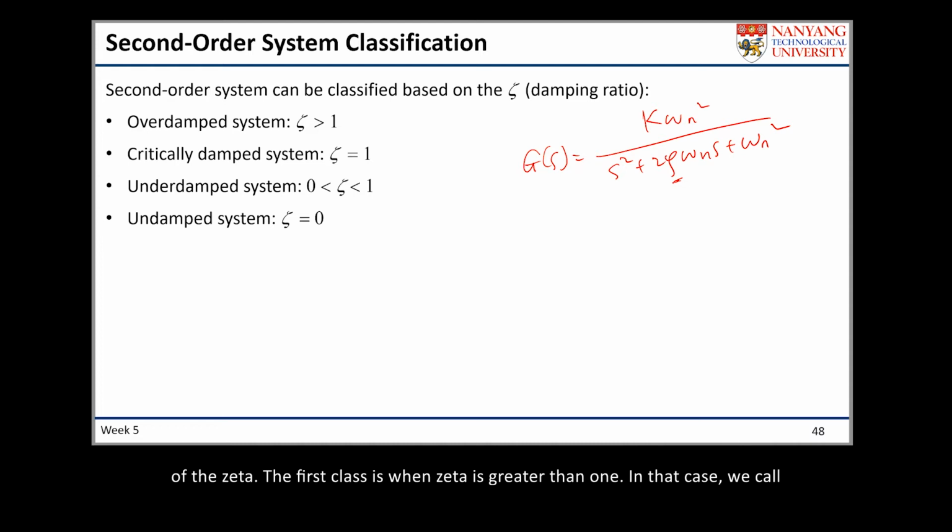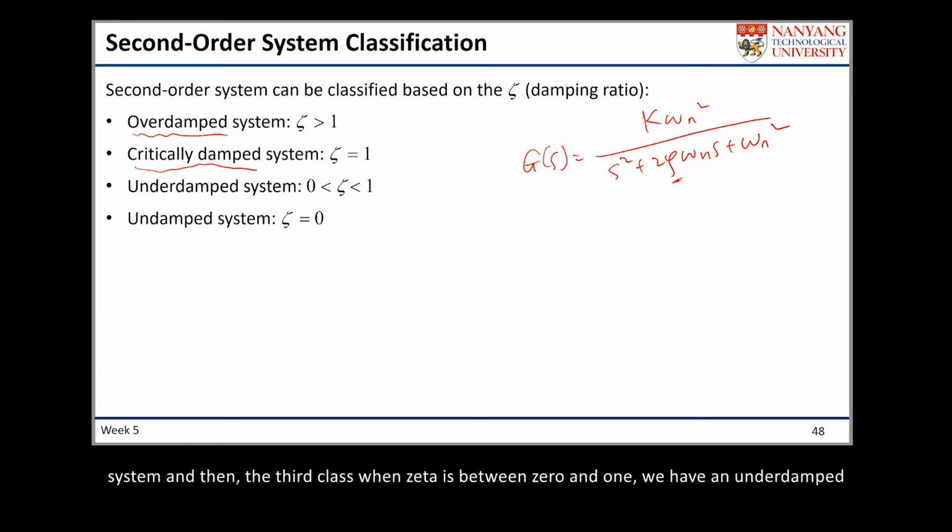The first class is when zeta is greater than 1. In that case, we call the second order system an overdamped system. When zeta is equal to 1, we call it a critically damped second order system. The third class, when zeta is between 0 and 1, is an underdamped second order system.